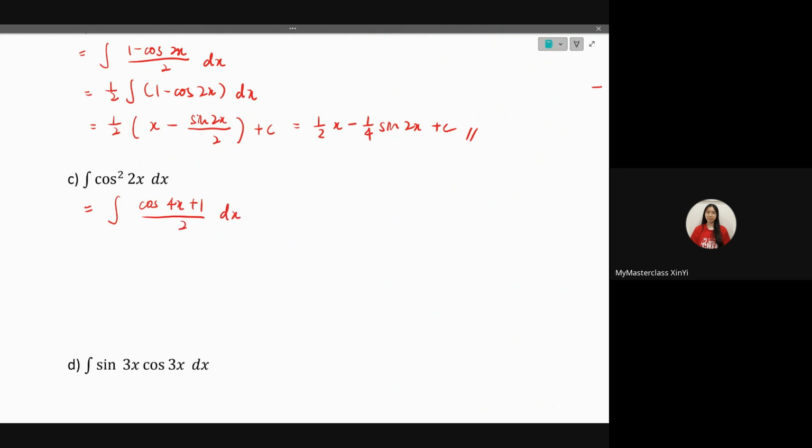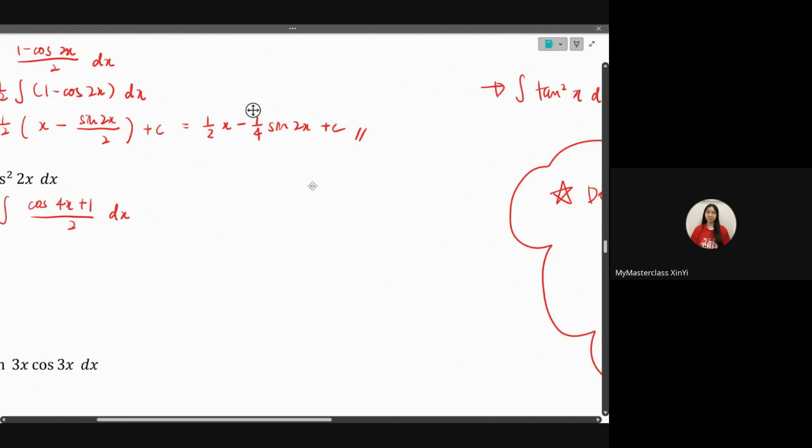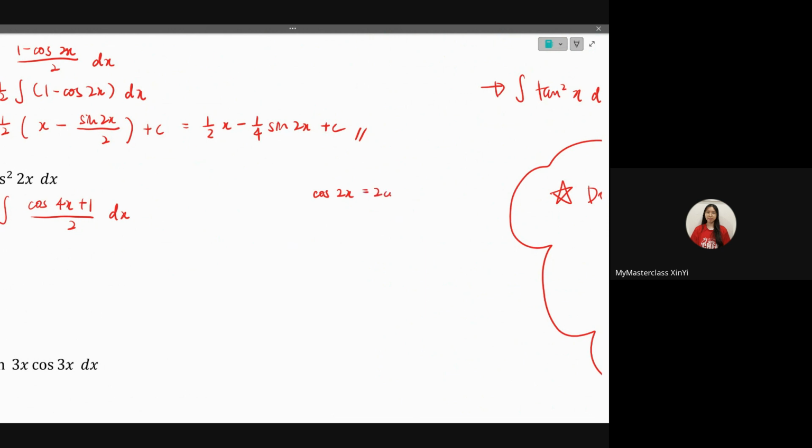Because based on my double angle formula, cosine 2x is actually 2 cosine square x minus 1. So if I change the double angle to 4x instead, then the angle here will also change, so it becomes 2 cosine square 2x minus 1.